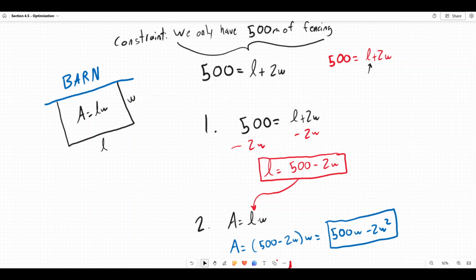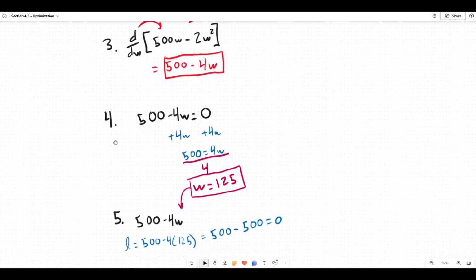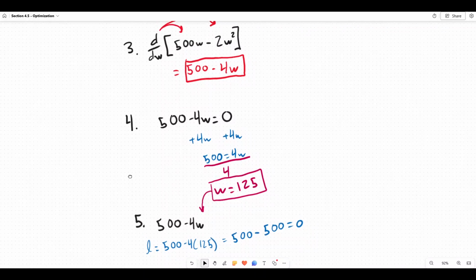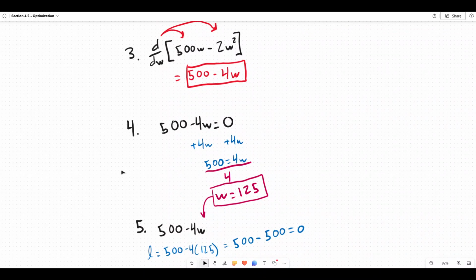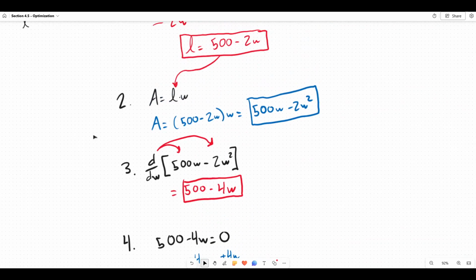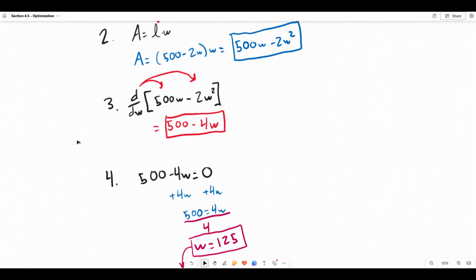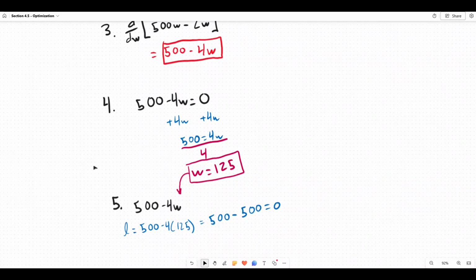You've created a barn that doesn't have any area. But remember, we wanted to maximize this function. So why did we get a minimize instead of a maximize?